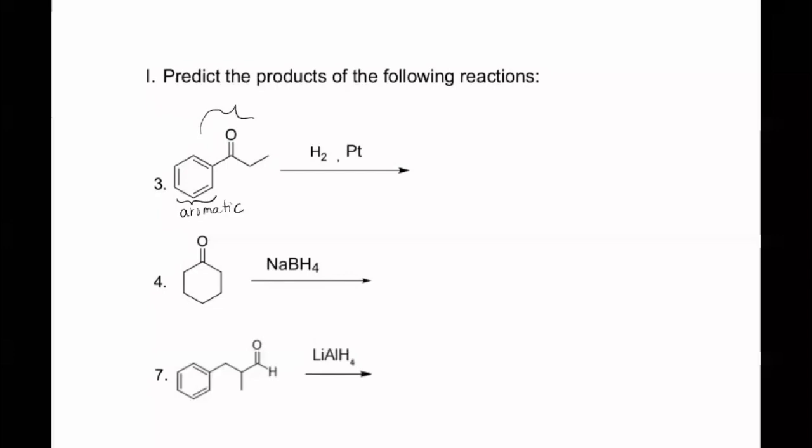This portion of the molecule is going to be a ketone. And the important thing to remember is that aromatics are resistant to hydrogenation. So in the product of this reaction, the benzene ring is not going to change. The double bonds present in the benzene ring are going to remain.